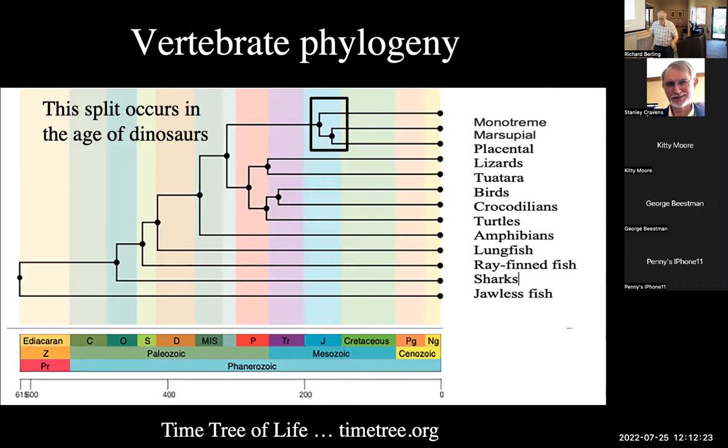And a couple things I want to point out. Notice this area here. This is where modern mammals evolved. Before that time, mammals in the fossil history were rare, so there's not a whole lot that's known about them. Notice on the top is the monotreme.